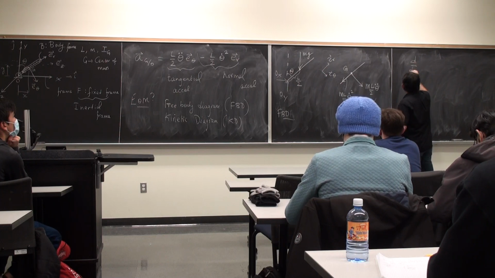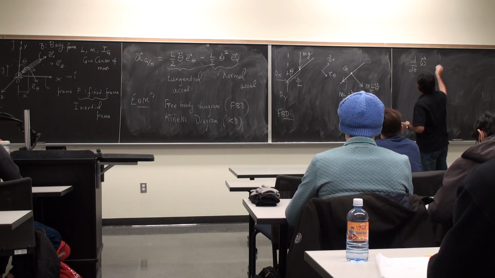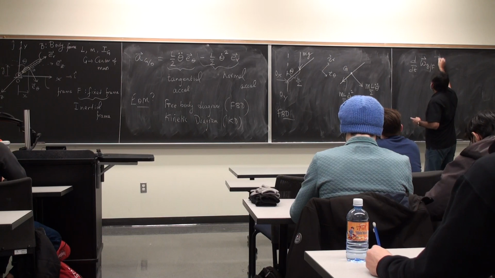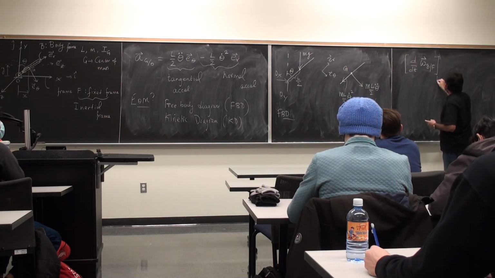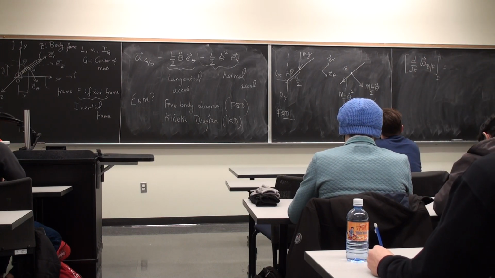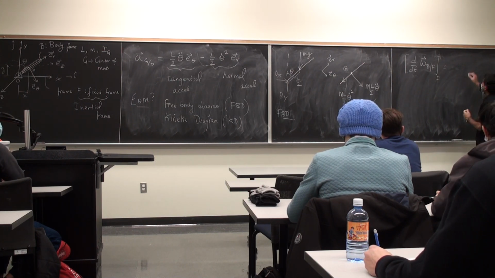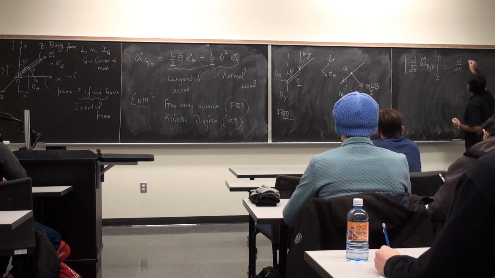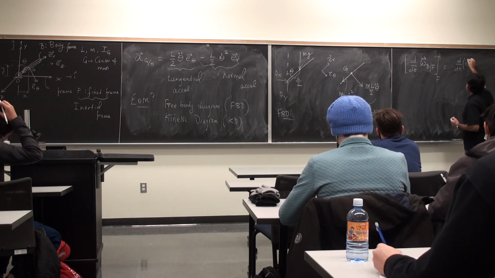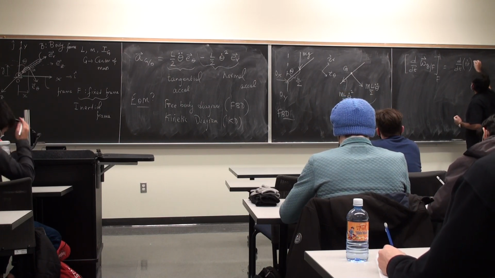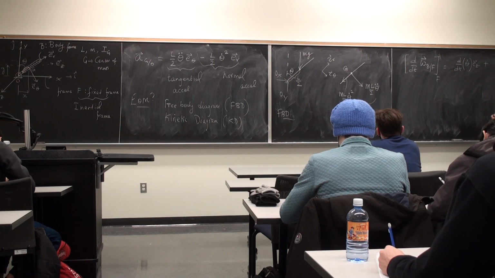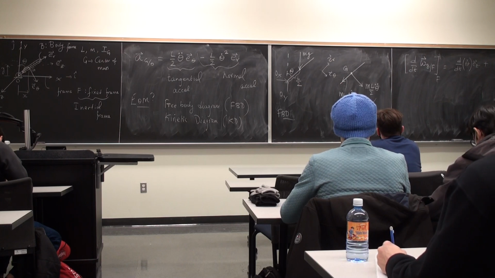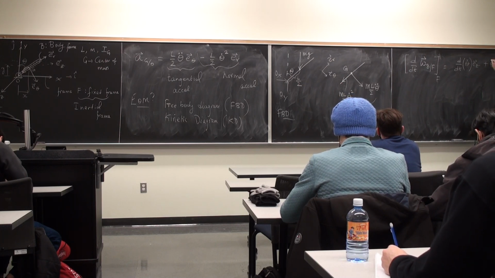So d by dt of omega is just going to be d by dt of theta dot E_z plus theta dot d by dt of E_z.